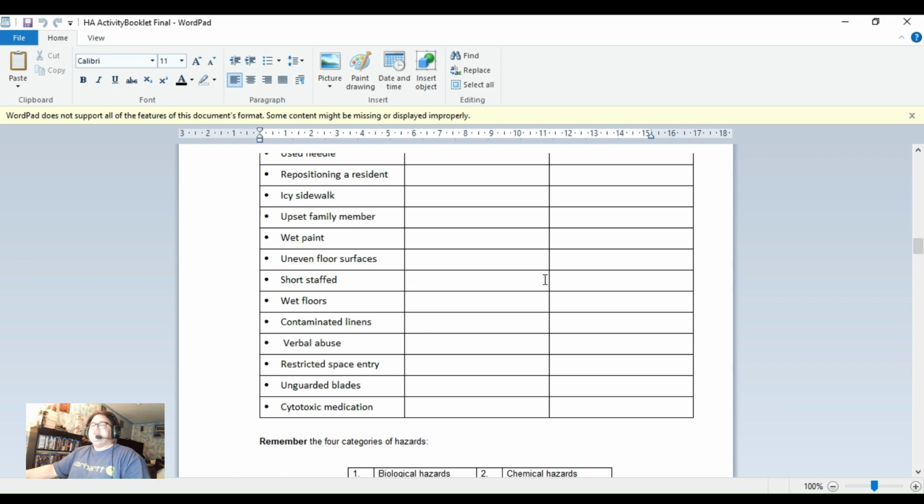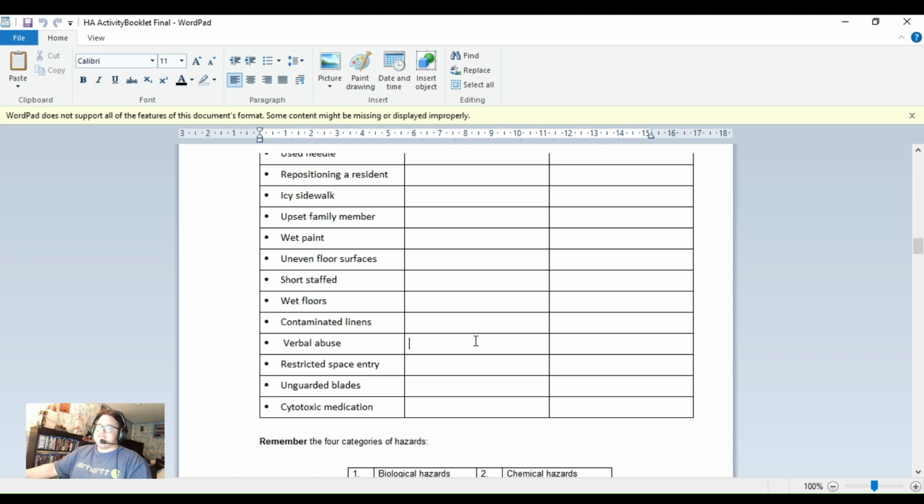I'm gonna put psychosocial, though I'm not bitter. Wet floors, physical. Contaminated linens. Biological. If you don't like contaminated linens, maybe psychosocial. Depends on if you have a lot of healthcare experience.